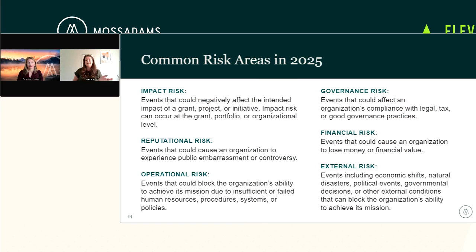These are some of the common risk areas that we are seeing in 2025 in mission-driven organizations that we're working with. Financial risk is a really big one here, especially because we do see a lot of organizations that would love to have a more diverse funding portfolio, a more diverse revenue portfolio, but maybe don't.